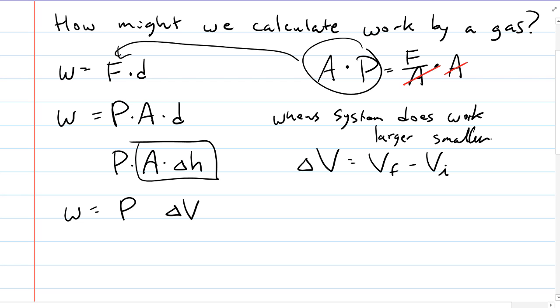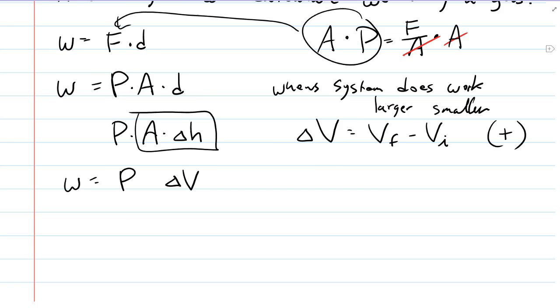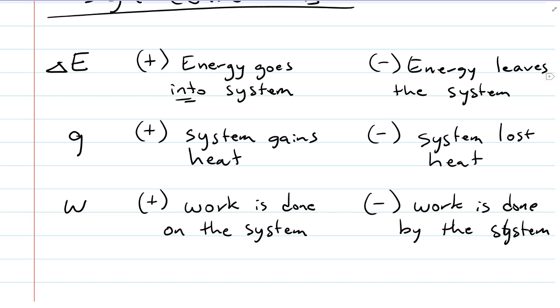And if the final volume is larger than the initial volume, that means that the sign on delta V is going to be a positive value. Now because it's a positive value, if we go back to our sign conventions, our sign convention says that work is done by the system when the sign is negative.